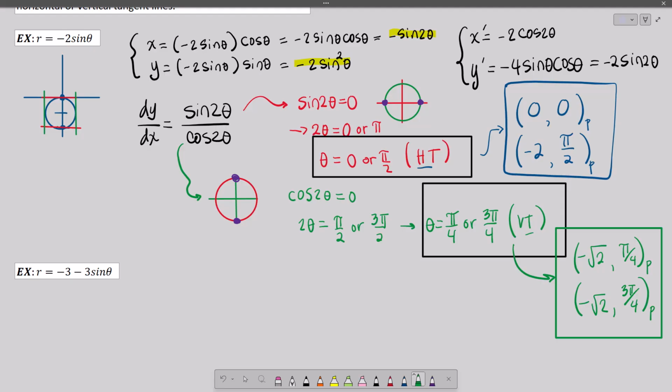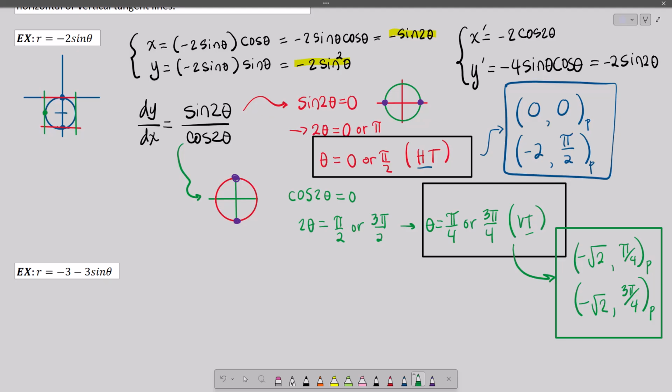So the top one, pi over 4 is in quadrant 1. And we're supposed to go negative root 2 in the radial direction. So because it's negative, we're going to come down, and this point where it's going to hit right there is that top one. So pi over 4, negative root 2.